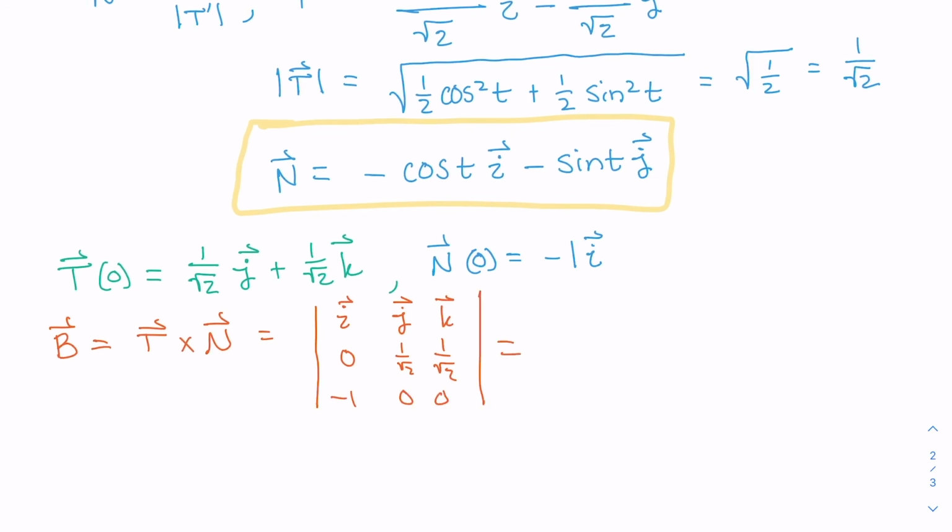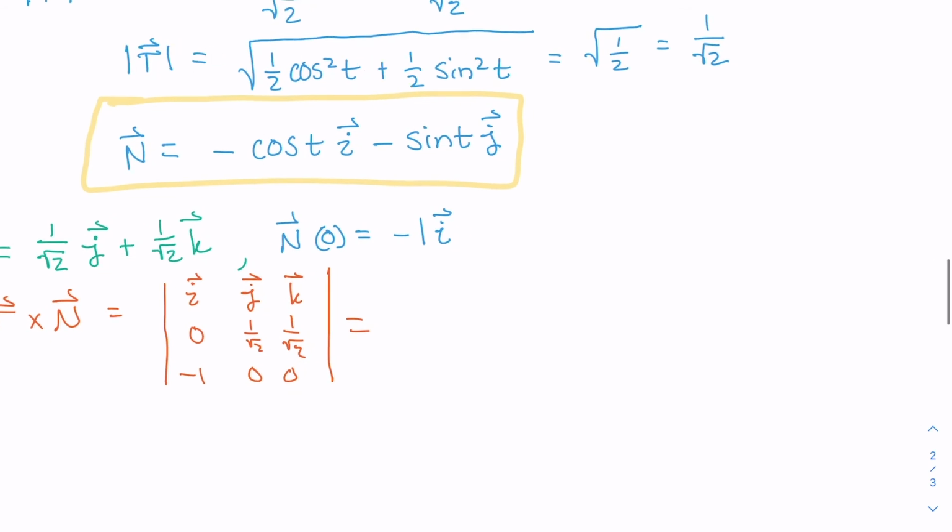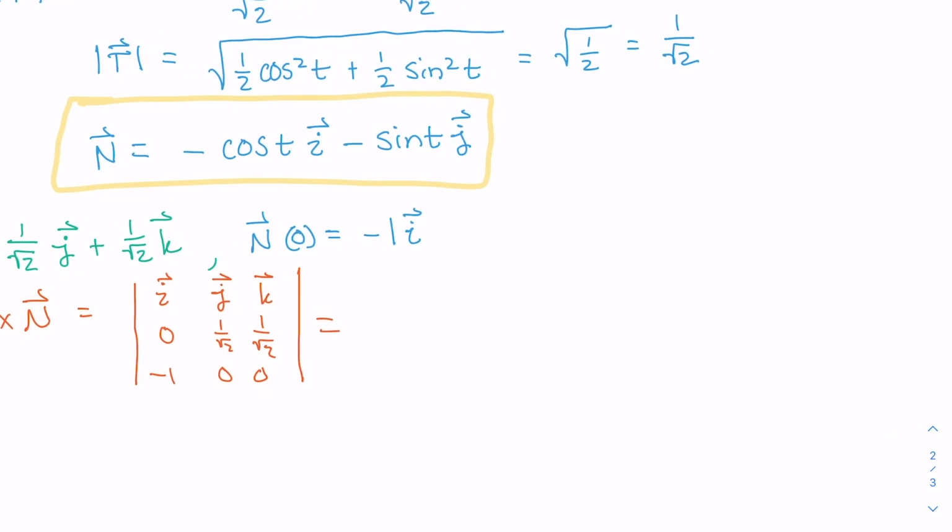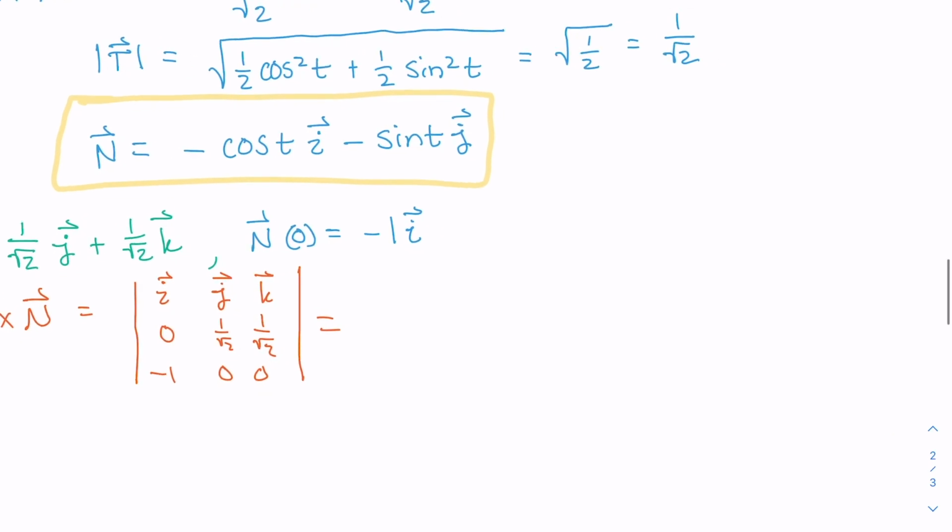I'll save the computation because it's just cofactor expansion. That becomes negative 1 over root 2 in the j direction plus 1 over root 2 in the k direction. So there's our specific unit binormal vector.